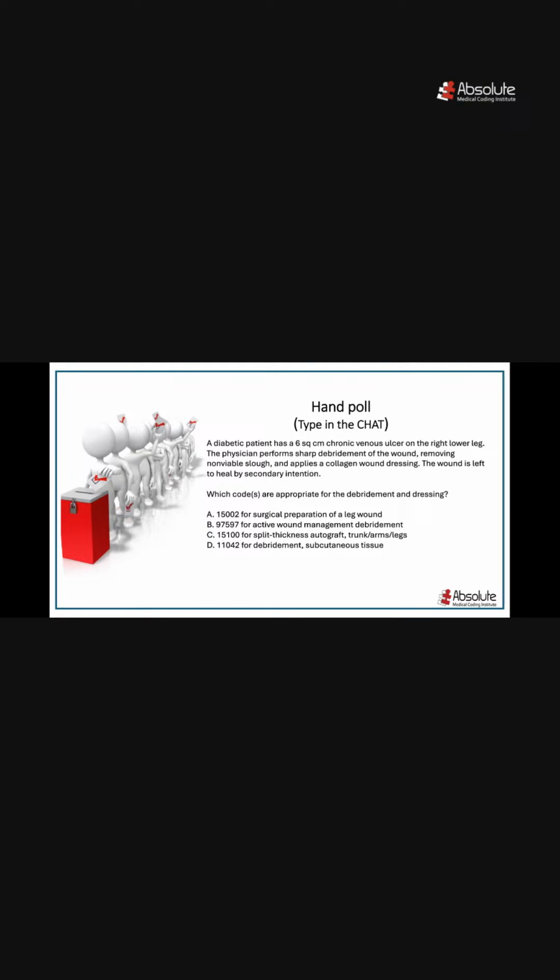The physician performs sharp debridement of the wound, removing non-viable slough, and applies collagen wound dressing. The wound is left to heal by secondary intention. What say you, coders? That's the key word here.